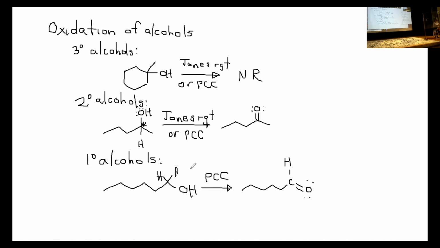So primary alcohols, this is only one example. I could have picked any primary alcohol, but they react with PCC to form the corresponding aldehyde and then stop. There's no further oxidation. Even though further oxidation is in principle possible, PCC doesn't oxidize primary alcohols any further than the aldehyde.